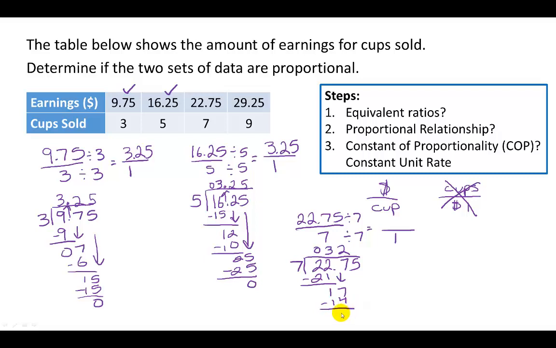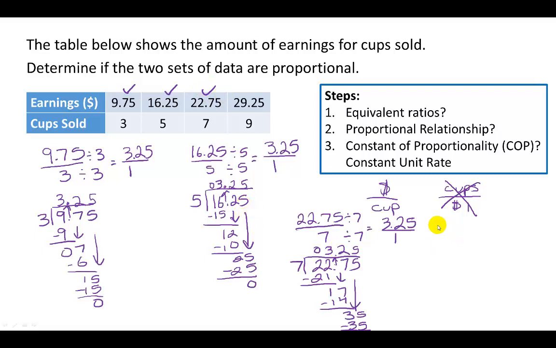Subtract. 17 take away 14 is 3. Bring down 5, and we get 7 times 5 to give us 35. 35 take away 35 is 0. So we bring up our decimal, and we have $3.25 earnings for 1 cup sold. Once again, we have an equivalent ratio.